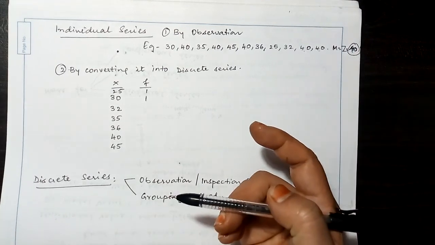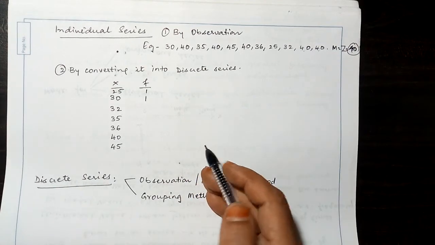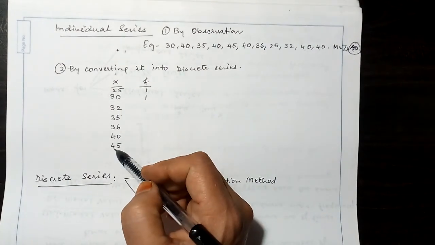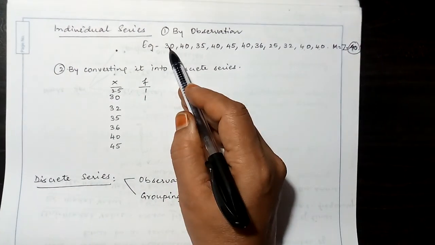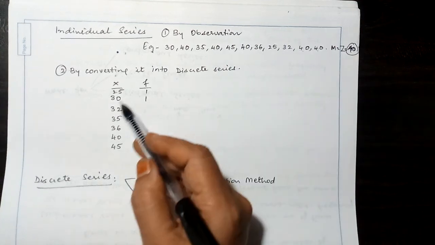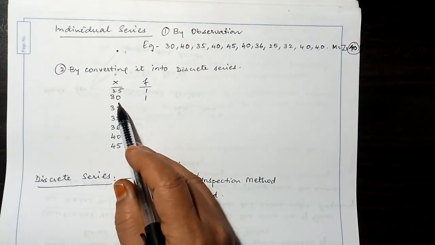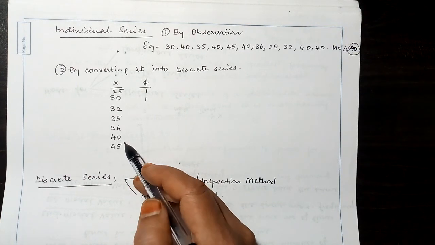The first step we learned is that we need to write them in ascending or descending order. This is the ascending order that I have put. We have 25, then 30, then 32, then 35. So I have put them here: 25, 30, 32, 35, 36, 40 and 45 are the observations.